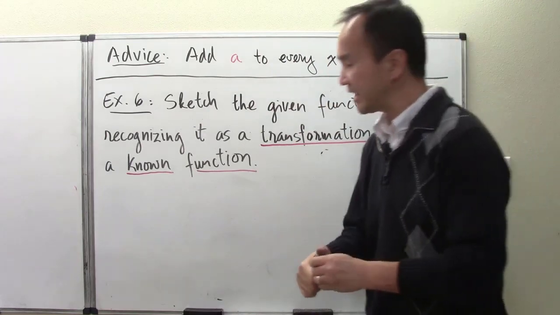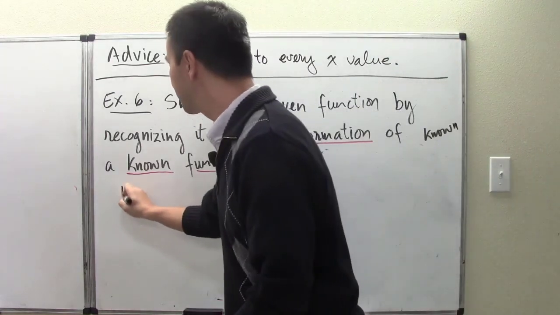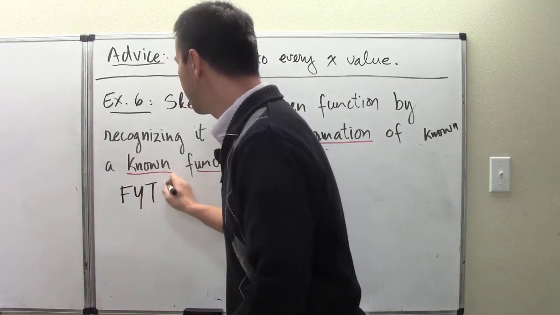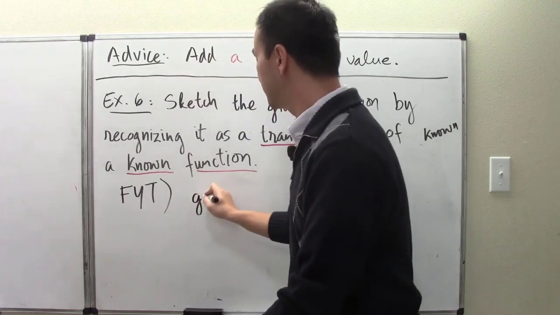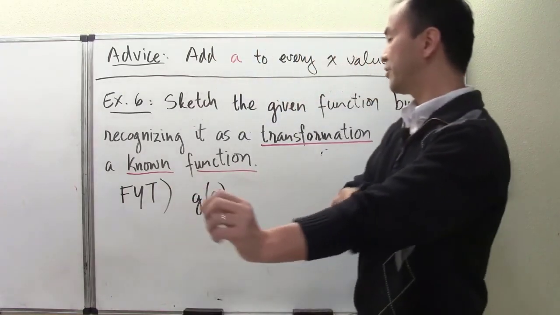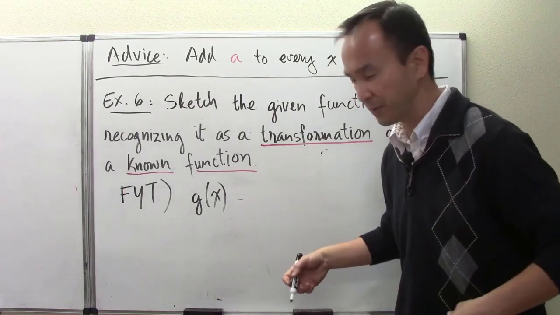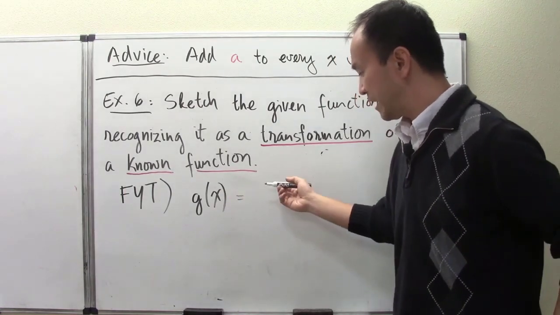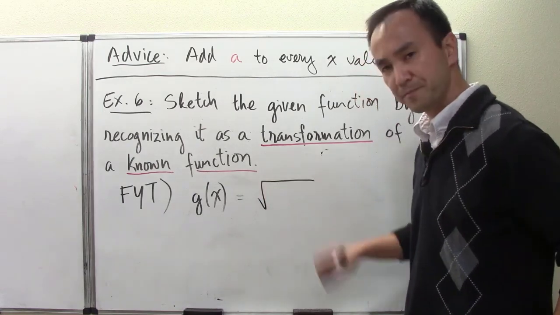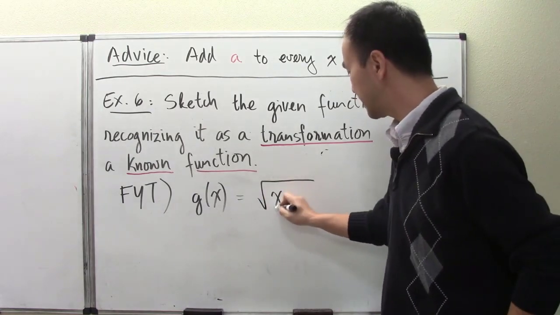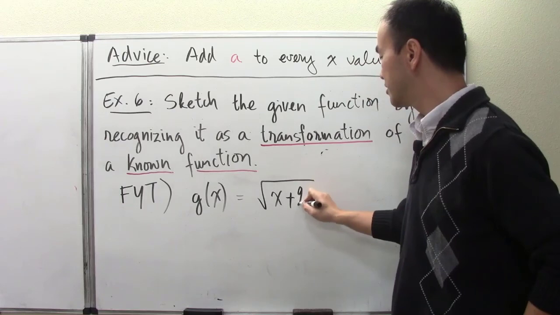All right, so here's our FYT. For this FYT, let's sketch, and I want to leave that for you to work on independently for anyone who's studying with me. So g of x equals, how about square roots, of x plus 2.